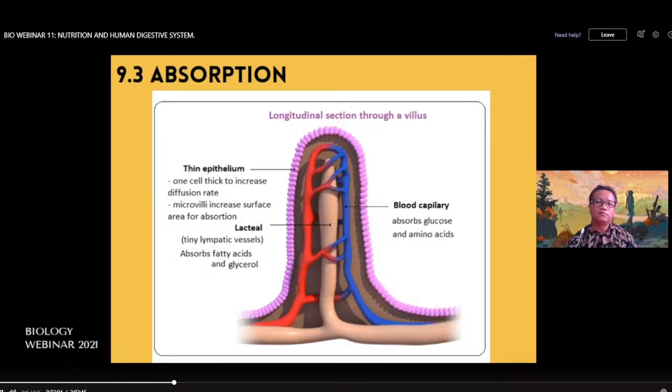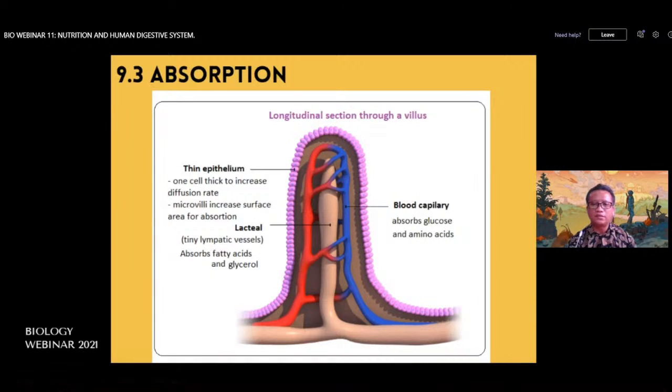So at the villus, we will focus on two structures that are responsible for the absorption of the digested food. Remember, we only have three simple molecules that are now moving through the villus, moving through the small intestine, which are the glucose, the amino acid, and also the fatty acid and glycerol.